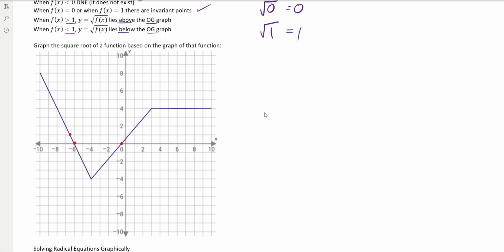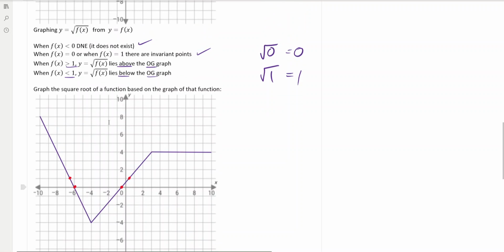And if it equals 1, it's going to be invariant. Okay? If it's less than 1, if it's a fraction, then the square root is under the graph. So it'll look something like this. Otherwise, it's over.